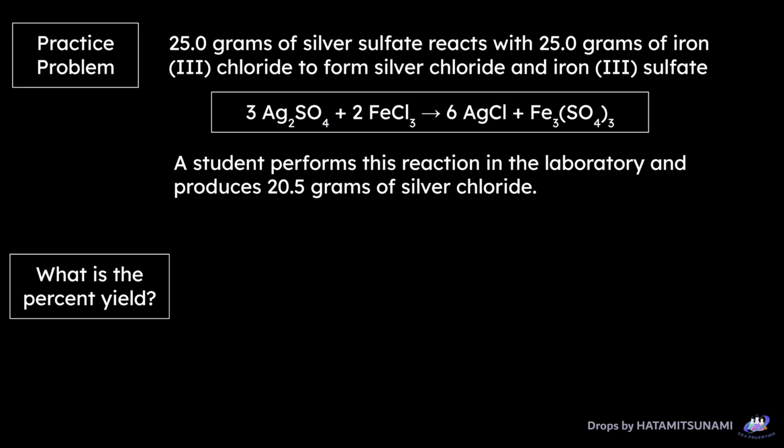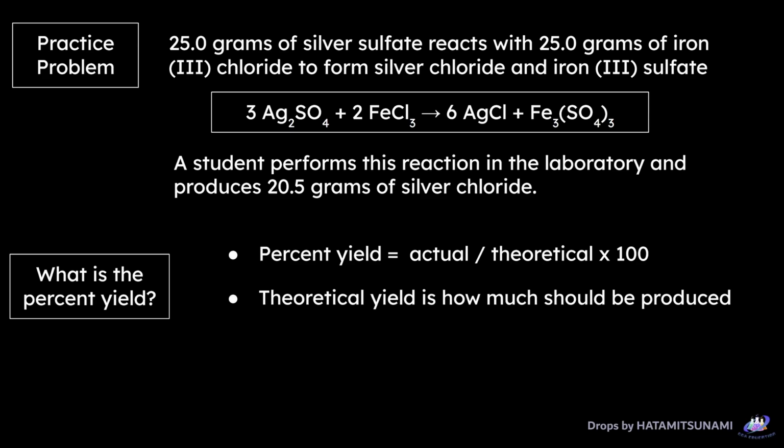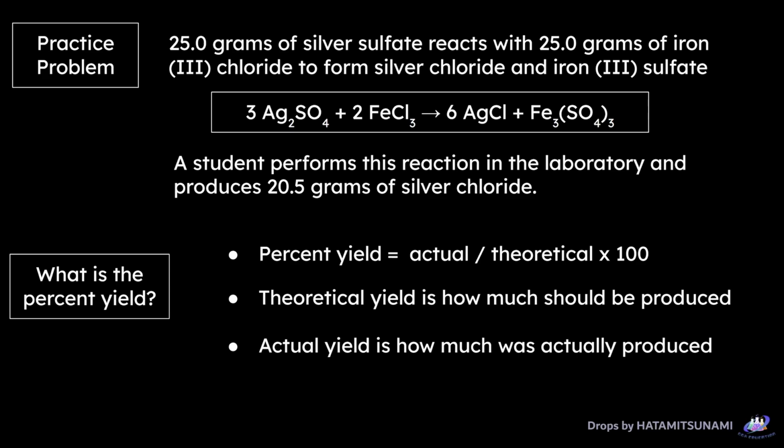To find the percent yield, we want to divide the actual yield by the theoretical yield, and then times 100 to turn it into a percentage. So again, the theoretical yield is how much should be produced based on stoichiometry calculations, and the actual yield is how much was actually produced when someone performed this reaction.